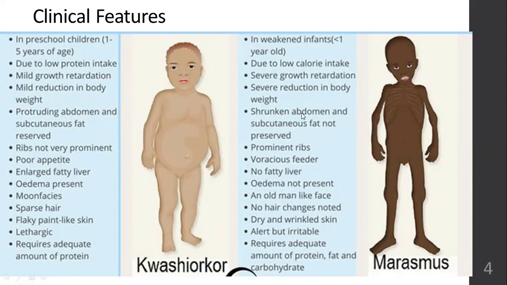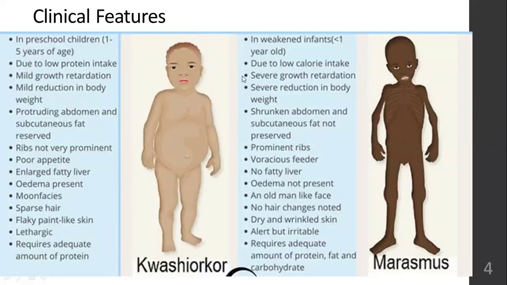Usually it is seen in preschool children due to low protein intake. The child has adequate fat in the body, and adequate carbohydrates as well. It is because of the protein deficiency in the diet that the child may go into kwashiorkor. There is mild growth retardation, not severe.